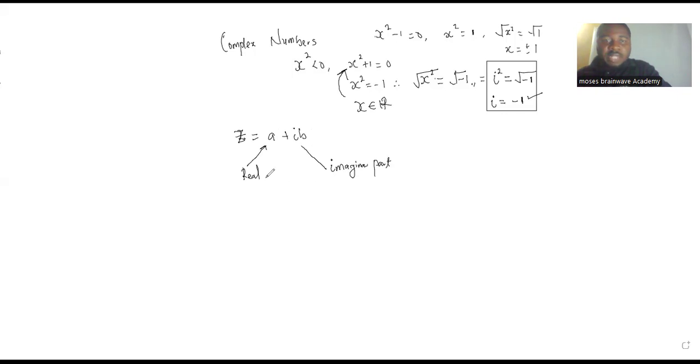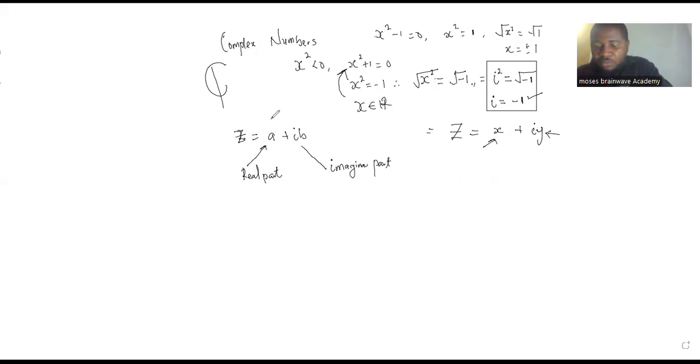Similarly, you can write it as z equals x plus iy, with a real part and an imaginary part. In the number system, complex numbers are always indicated like this.